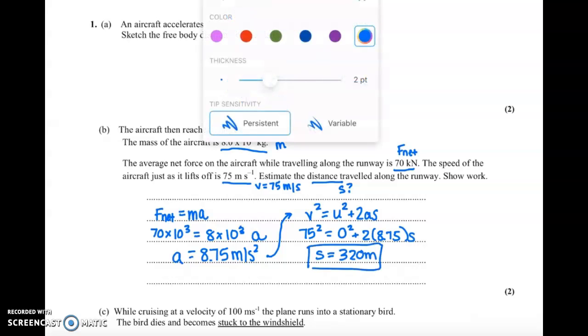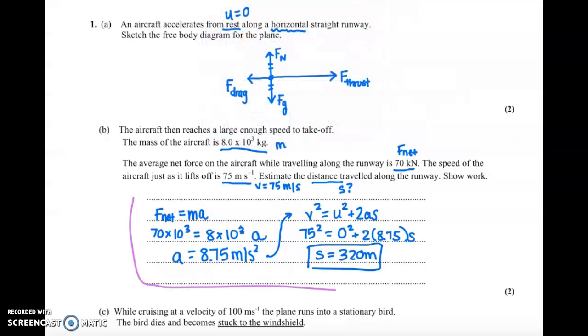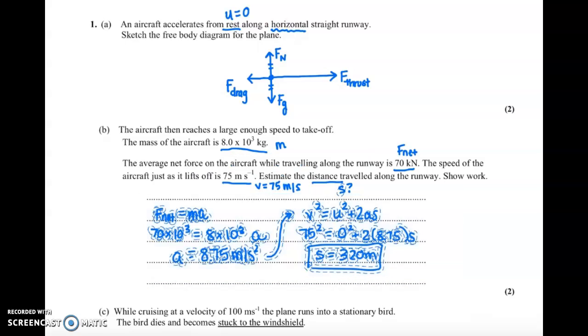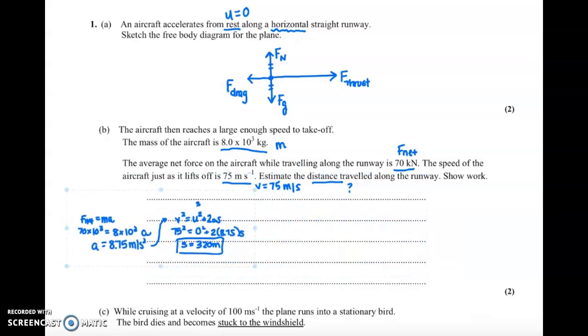The alternative solution here would be to think about this in terms of work and energy, where you have the work being done by the airplane resulting in kinetic energy, or the work, which we could substitute as the force times distance, is equal to 1/2 mv squared.